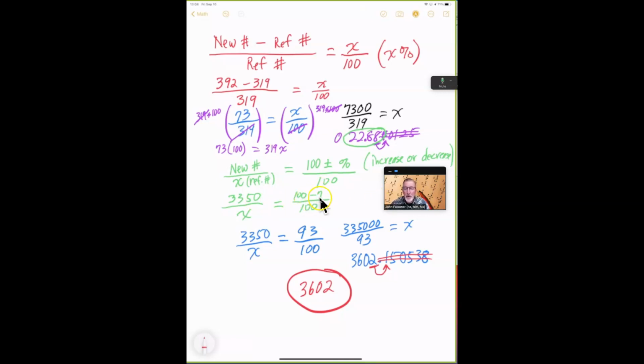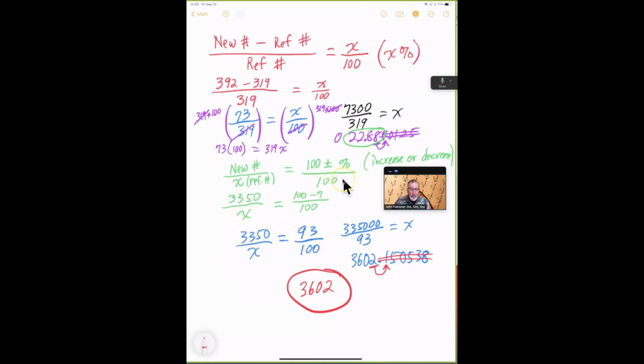And if this had been a positive change, you would do 100 plus 7%. So depending on whether it's an increase or decrease, the sign of this number will change. But it was a decrease. So we learned after we did our subtraction here that 3,350 is the equivalent of 93% of this x, right? And so we cross-calculated to get the answer.